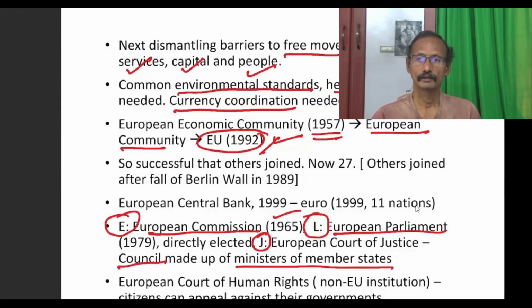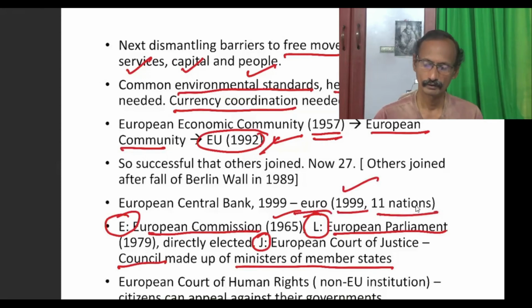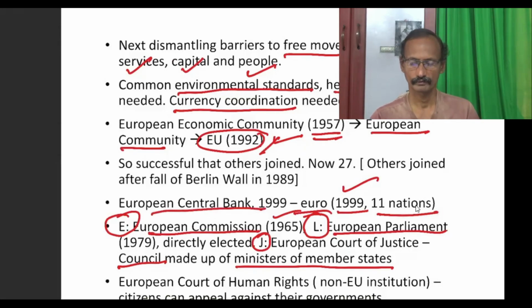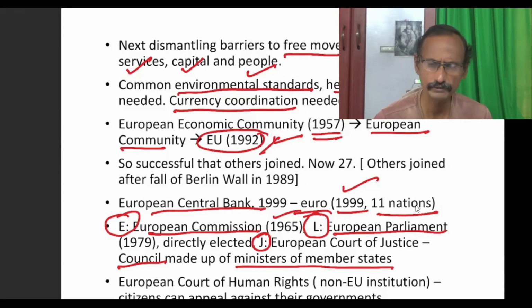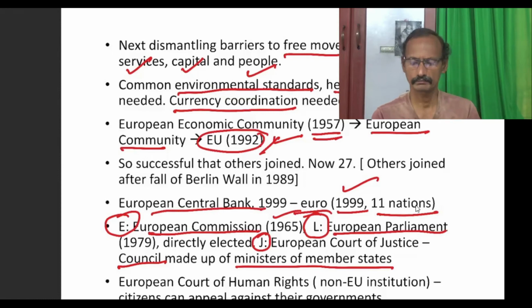Okay. And finally, they created one currency, the euro, in 1999. First joined by only 11 nations. And in the same year, they created the European Central Bank. So this is a very successful way of containing nationalism.